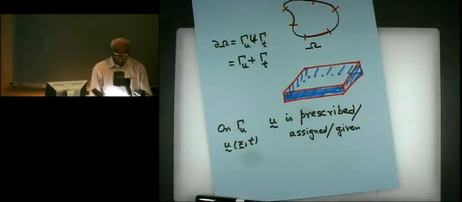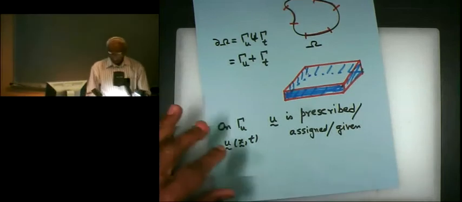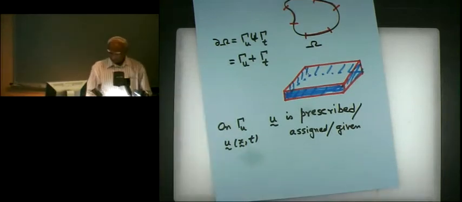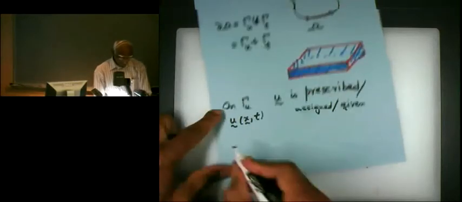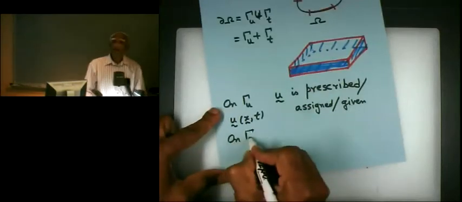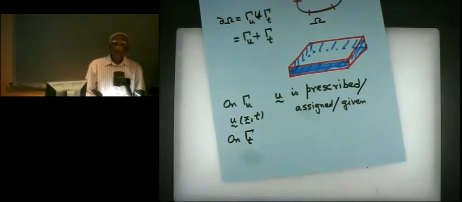And on the other part, gamma sub t, tractions are given. Traction is force per unit area.